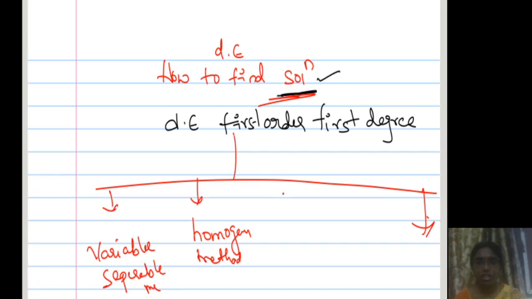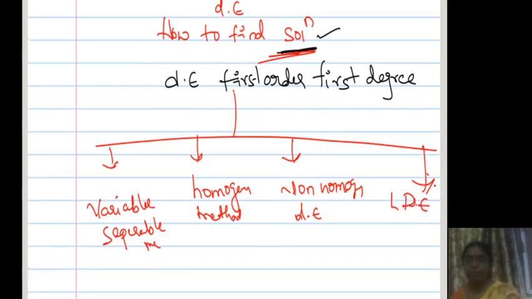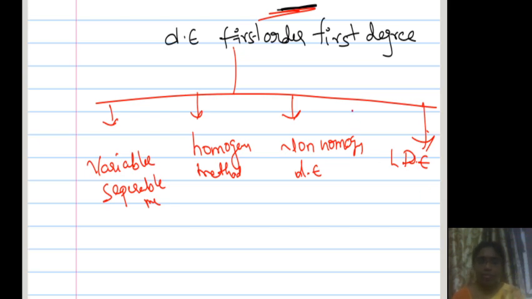Next, non-homogeneous. If the given differential equation is non-homogeneous, how do we find the solution? If it is a linear differential equation, you have 2 standard types. First of all, what is the variable separable method?